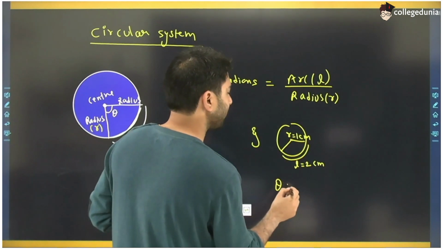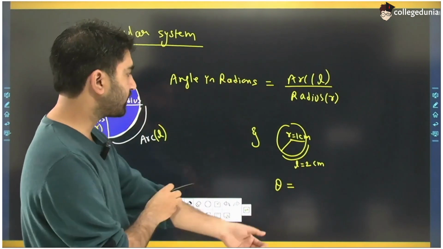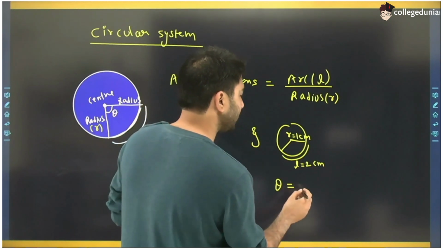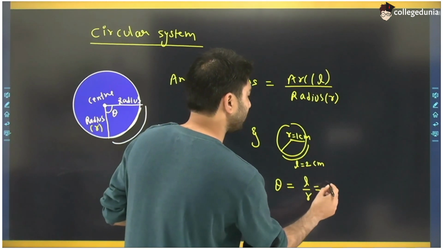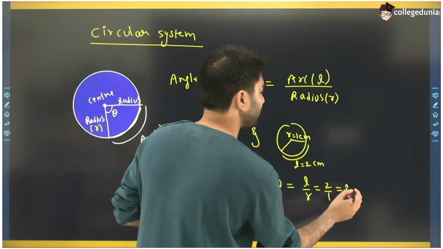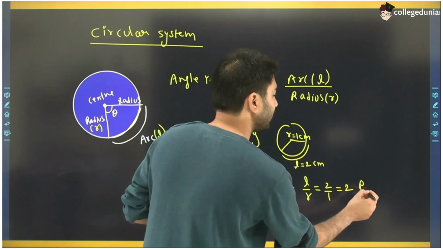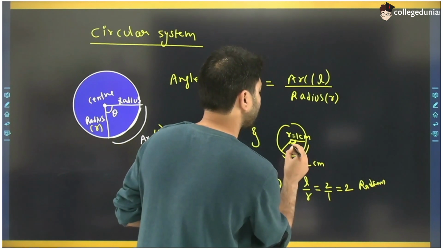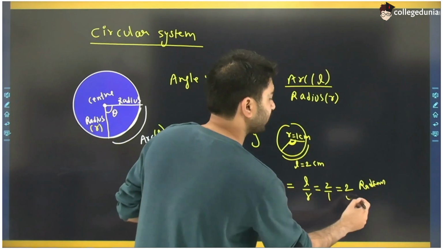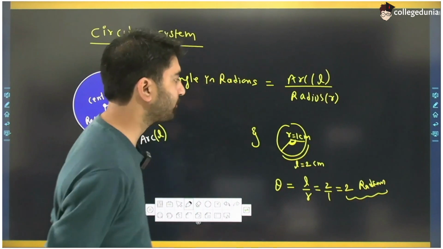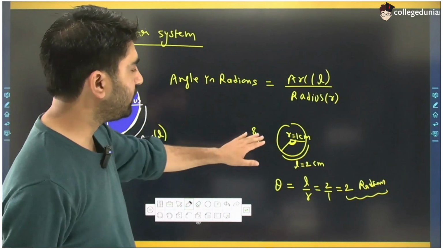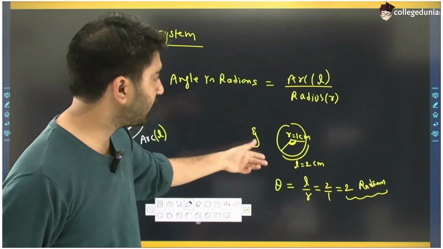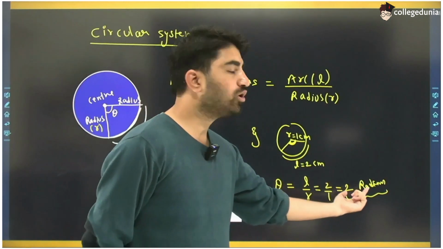Then theta will be L upon R, it means 2 by 1. It means this is 2 radians, this angle theta is 2 radians. In the English system it would have been more than 90, but in the circular system we can see that it is just 2 radian.